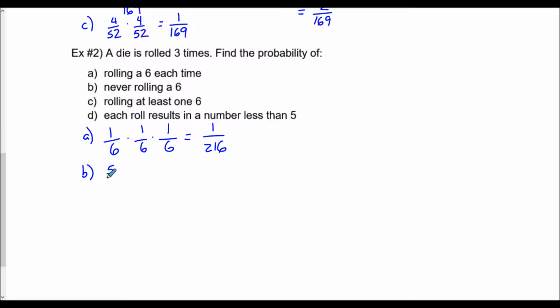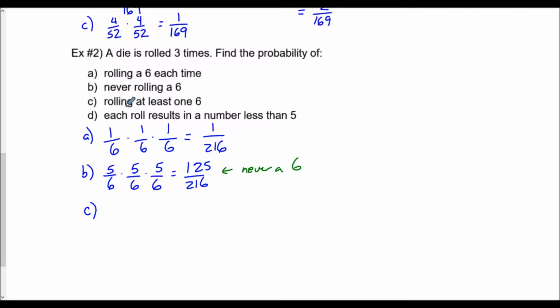There's 1, 2, 3, 4, or 5 that are not a 6, on every single roll, which means never rolling a 6 is 125 out of 216. So again, that is never rolling a 6.